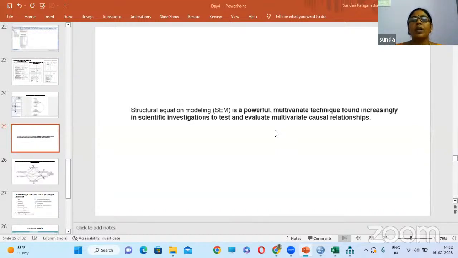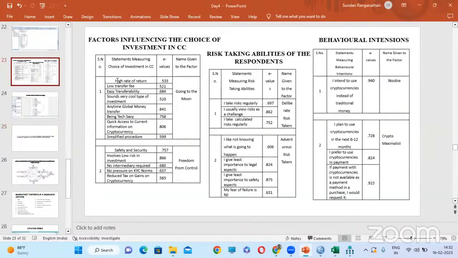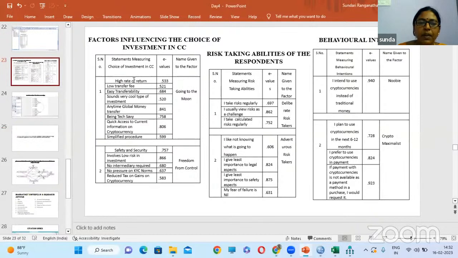When you are giving the name for that particular group of variables, you should justify that also. The reason for giving that particular name should be justified. For this particular paper, this is the grouping. Through the principal component method, factor analysis is helping us to group the statements that are falling under one particular category.